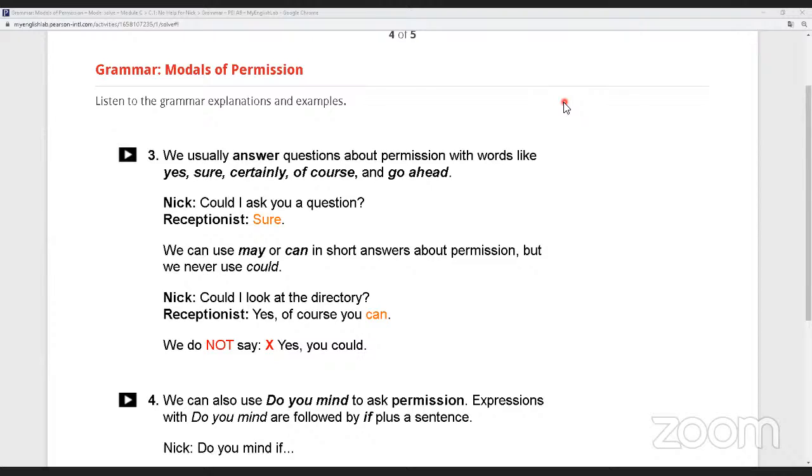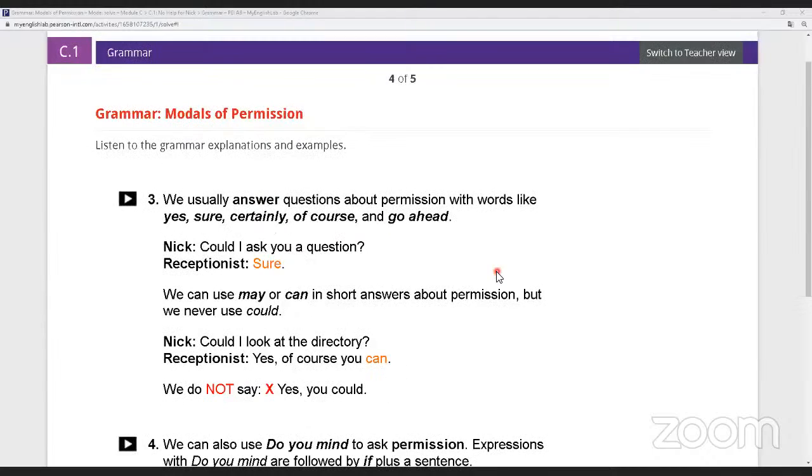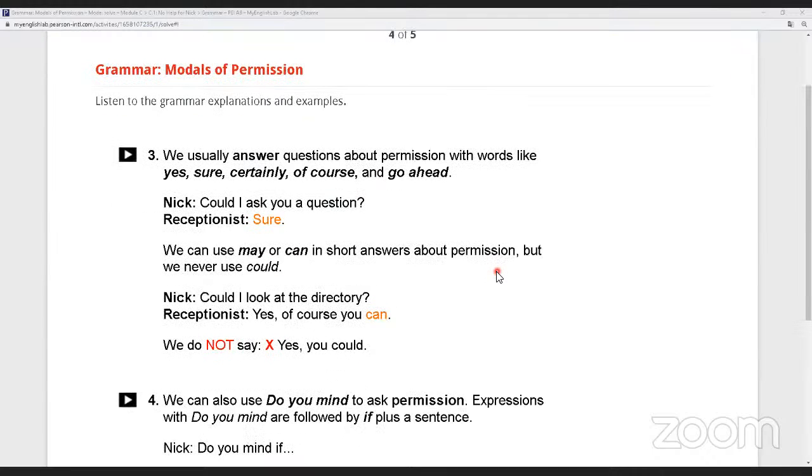Then we can use may or can in short answers about permission. So you have the option to use could or can in order to ask something that implies permission, right? And look at the structure: our question is the modal, the subject, and the verb, and of course the question mark.